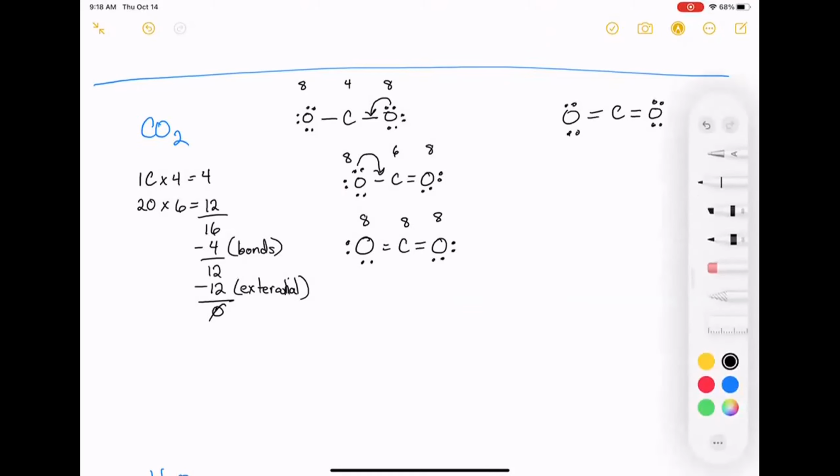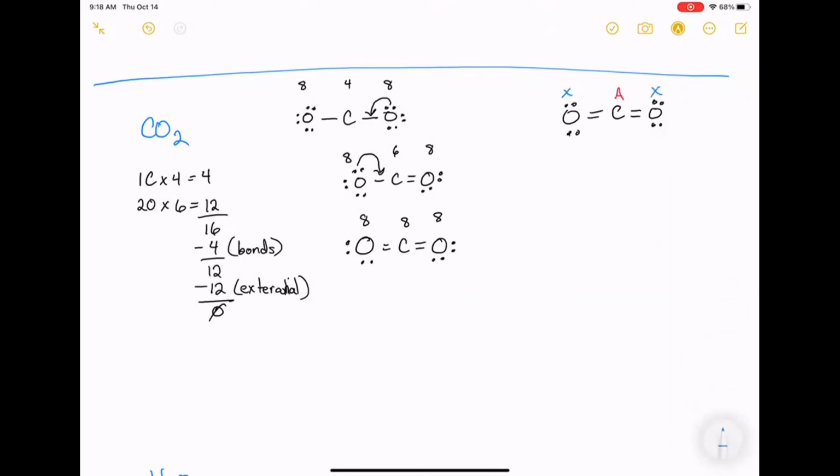Now we start to identify our atoms. We have our central atom, A. We have 2 elements bonded to that central atom, which we'll label as X, and there is nothing else on that central atom. So our notation is that this is an AX2 molecule. So we have 2 groups that repel.